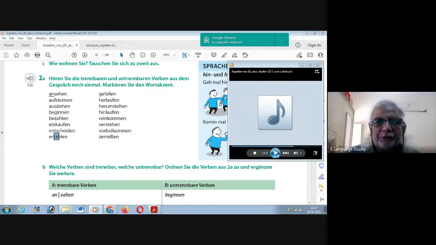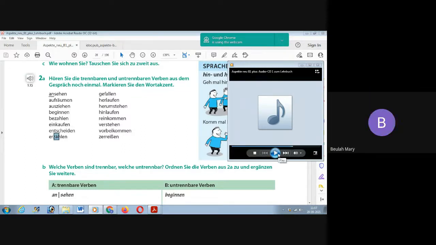Herumstehen. Hinlaufen. Reinkommen. Verstehen.